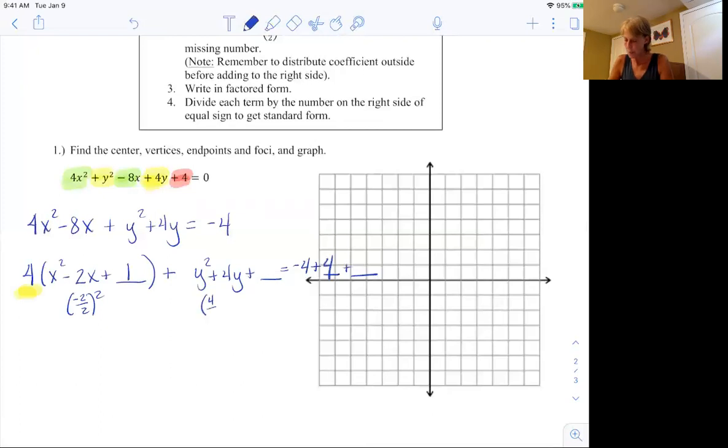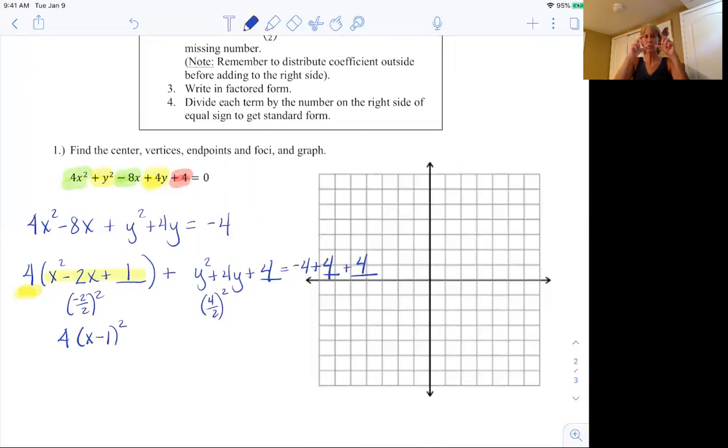Middle term, divide by 2, square it. 4 divided by 2 is 2, 2 squared is 4. I don't have to multiply it this time. Whatever I do to one side, I have to do to the other. The next step will be you're going to take this and write it as x minus 1 squared.